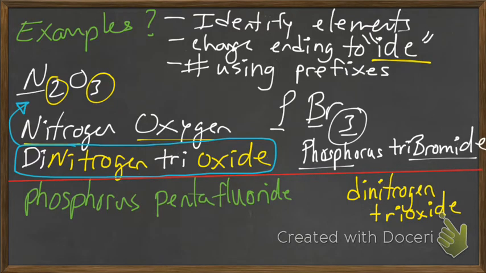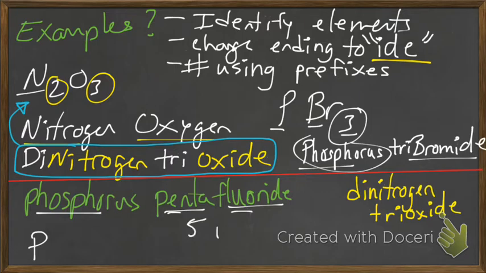We can also go the opposite direction. So instead of naming them, we can actually write out the formula. So phosphorus pentafluoride. Phosphorus I just wrote. I probably should pick a different example, but whatever. That's a P, capital. And I have pentafluoride. So that means I have 5 fluorine. First thing I want to do is find the atomic symbol for fluorine, which is F. So I have 2 options.